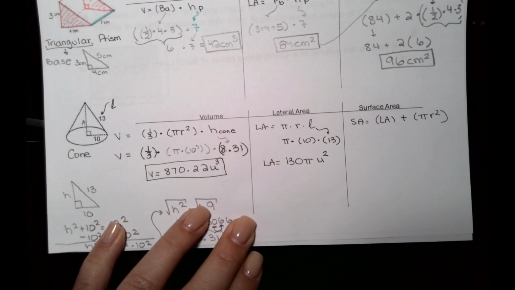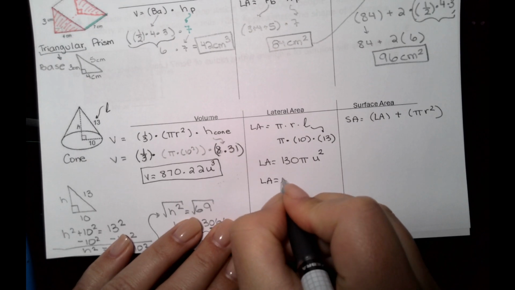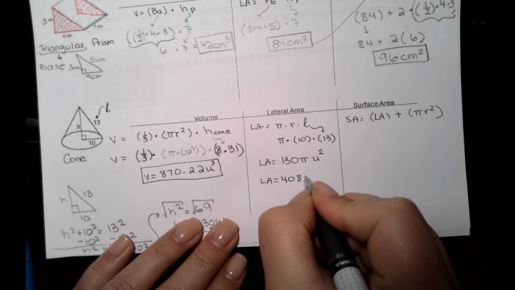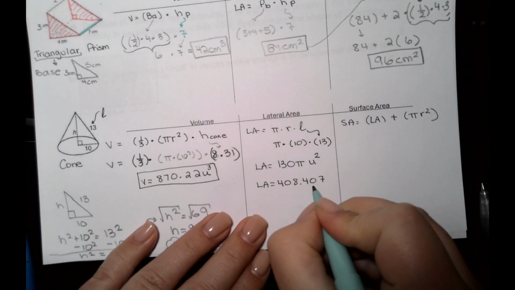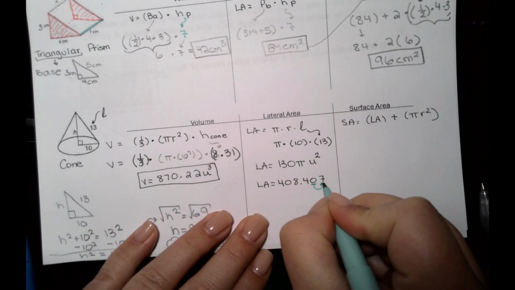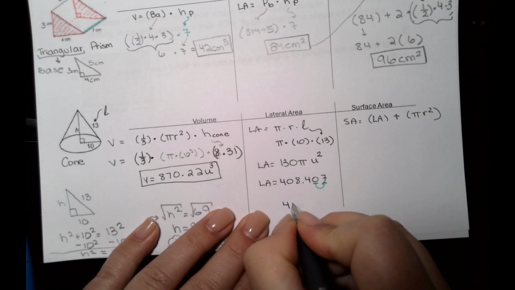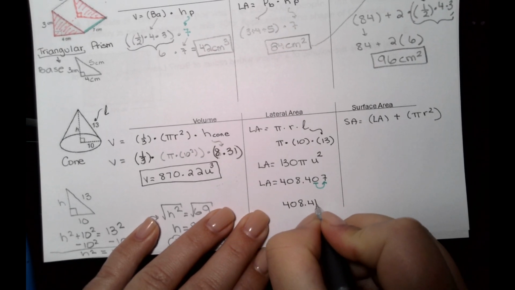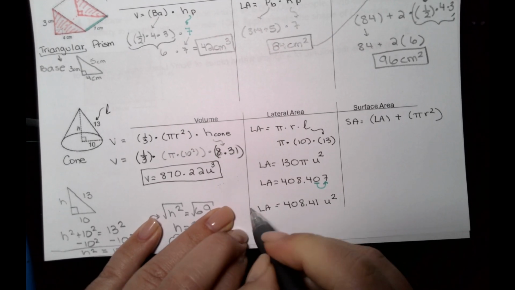This is exact, but because they are asking you to round, we're going to go ahead and do pi times 10 times 13 and round to the nearest hundredths place at 408.407, and I did that on purpose. This is the hundredths place, so we're looking at the number behind it. Since it is a 7, we are going to round up to 408.41 units squared because area is always squared.